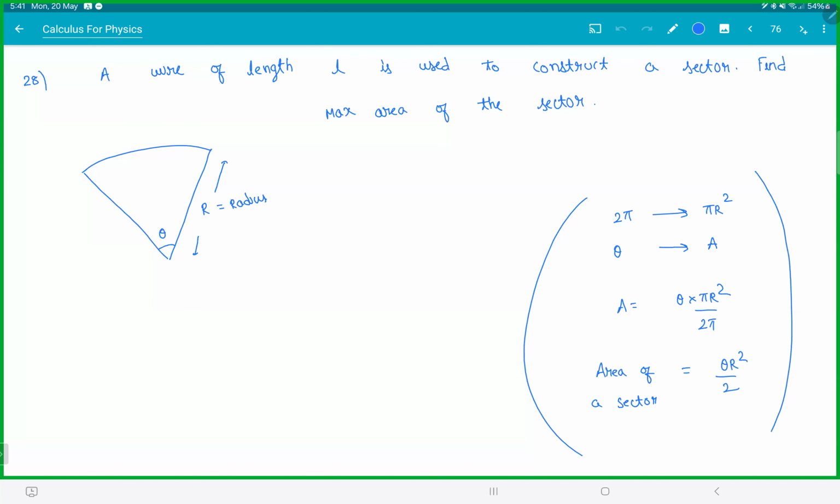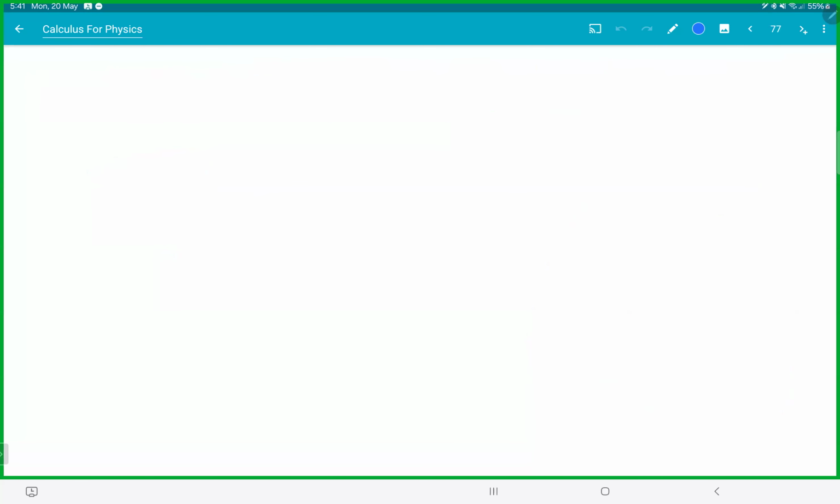What you have is the perimeter, isn't it? So we have, this is the radius r. We have an arc length r theta, and we have one more radius r. That is your complete perimeter.